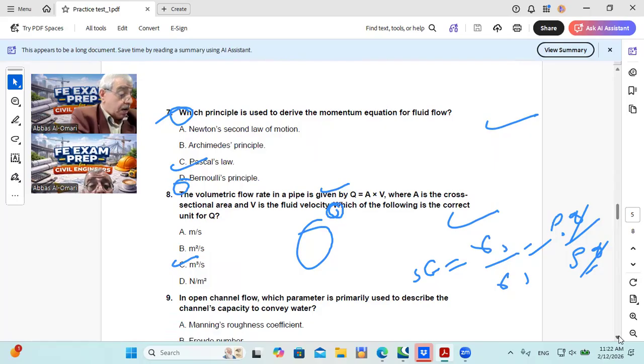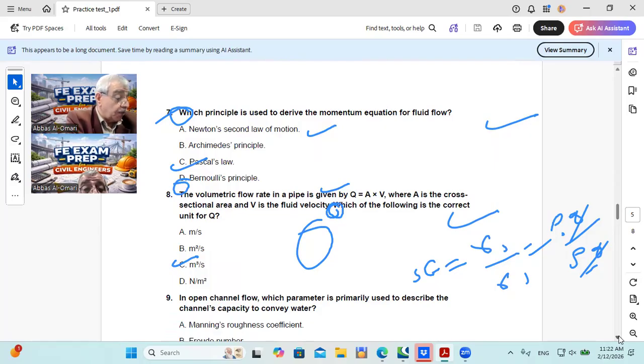Which of these options A, B, C, and D is about forces? Newton's second law of motion. When we talk about the momentum equation, we apply Newton's second law of motion. It has nothing to do with Archimedes' principle, which is about buoyancy. It has nothing to do with Pascal's law, which is about pressure distribution in confined liquids, and it has nothing to do with the Bernoulli principle. So the answer is Newton's second law.